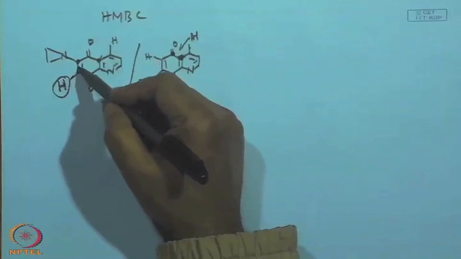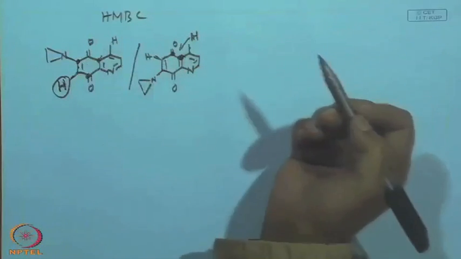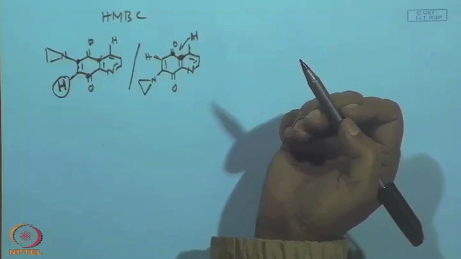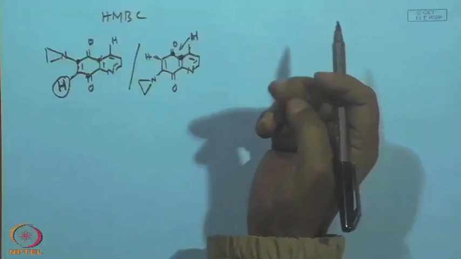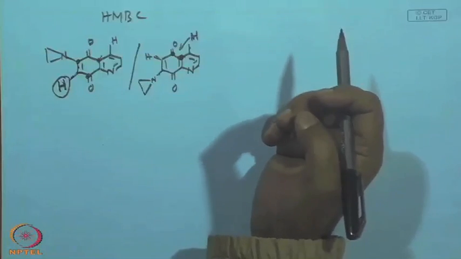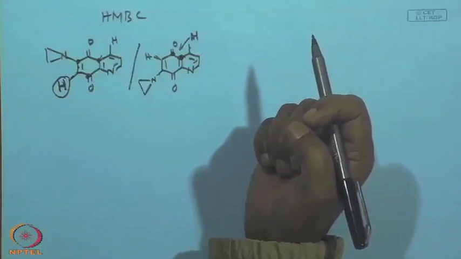So, 1 and 2 nitrogen and 1 and 2 nitrogen. So, you cannot really differentiate, right. So, what to do?